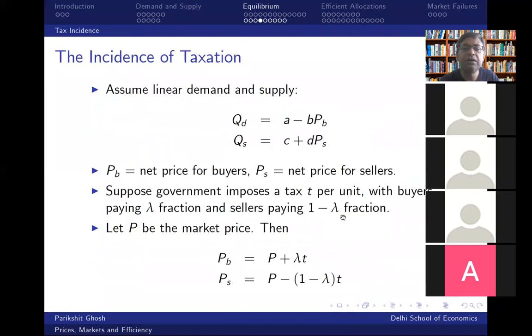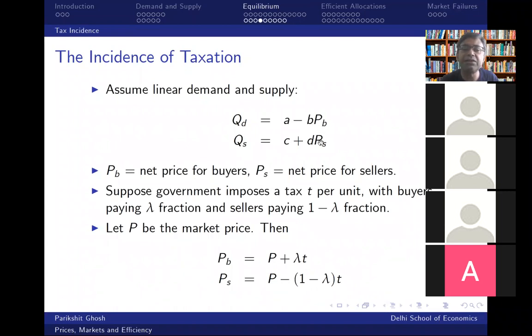So let's start with a simple case, because there we can do closed form solutions, and then I'll generalize that analysis. So for a moment, let's assume linear demand and supply curves. Our conclusions are not going to rest on that, and I'll convince you to that effect. But to start with, suppose these are the demand and supply curves, right? They're linear, and A, B, C, and D are parameters.